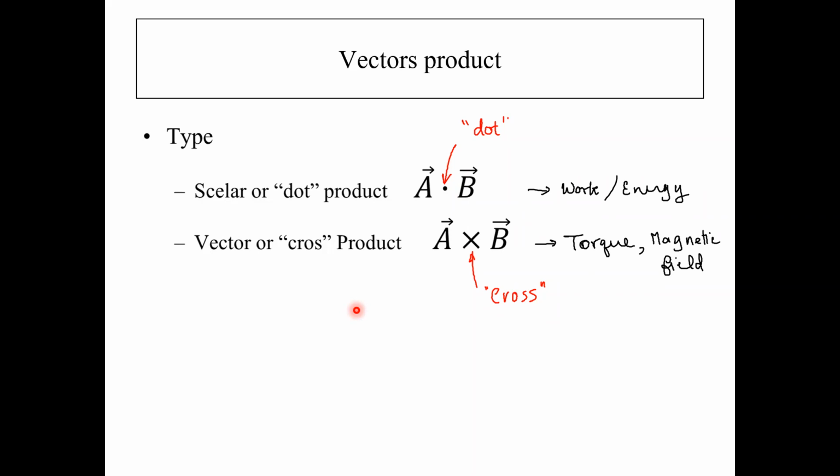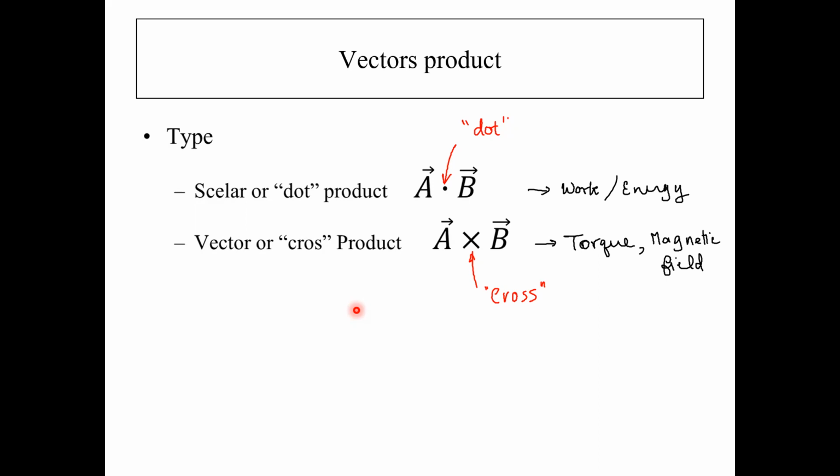However, because a vector has two components, magnitude and direction, when we say multiplication there are two kinds of answer. After one kind of multiplication you get a scalar product, and after the other you get a vector product.